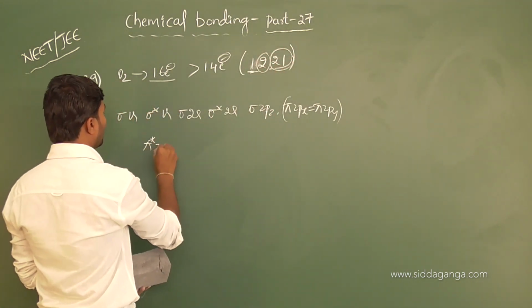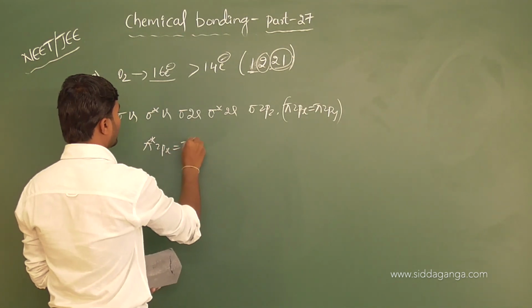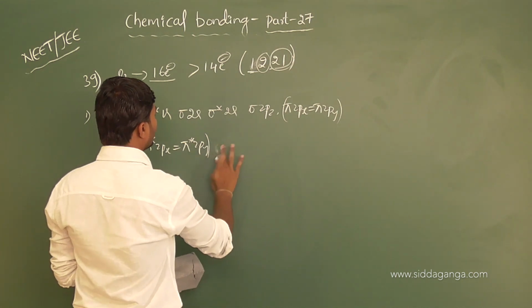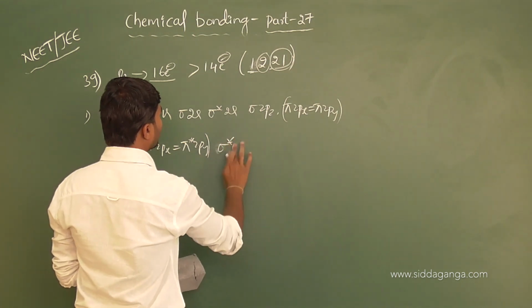Pi star 2px is equal to pi star 2py. At last, single represents sigma star 2pz.